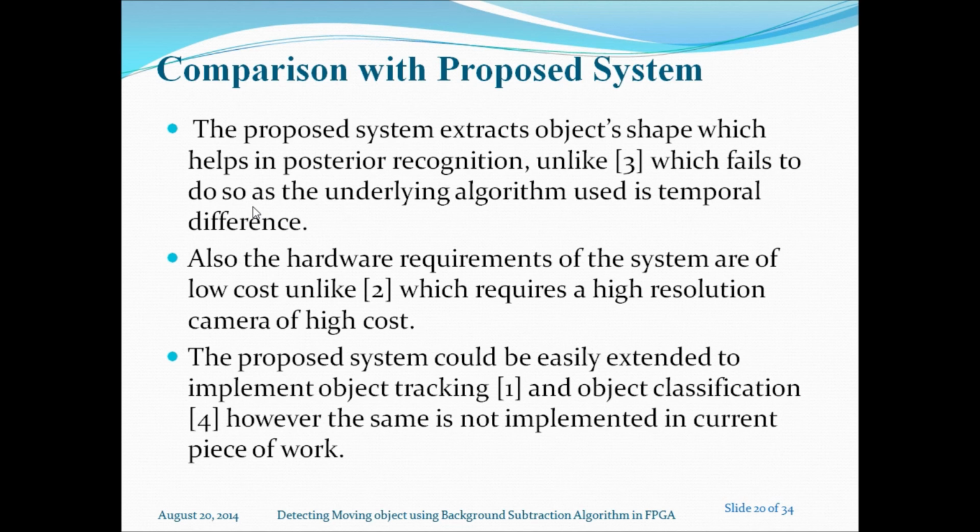Also, the proposed system's hardware requirements are low compared to the system proposed in paper 2, which requires a high resolution camera of high cost. Also, the proposed system is at par with the systems proposed in paper 1 and 2, as we can easily extend the work to keep track of object trajectory and classify the object based on their shape.